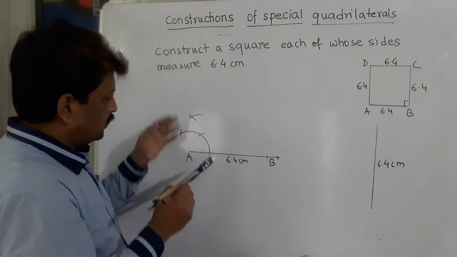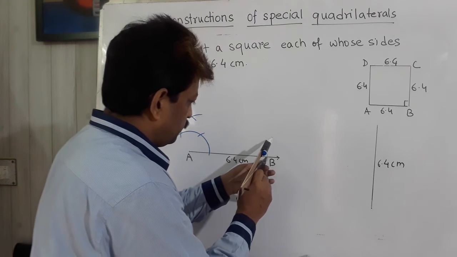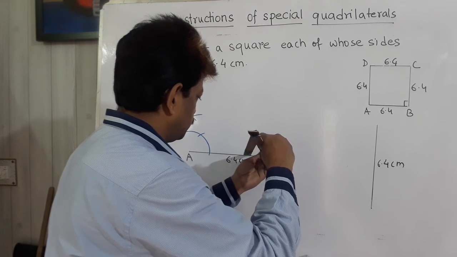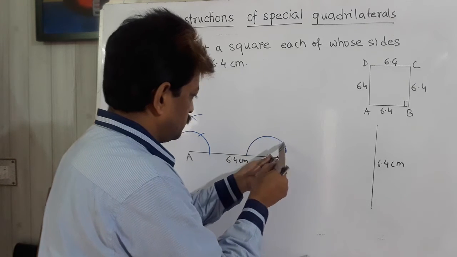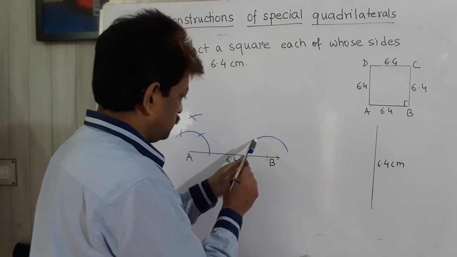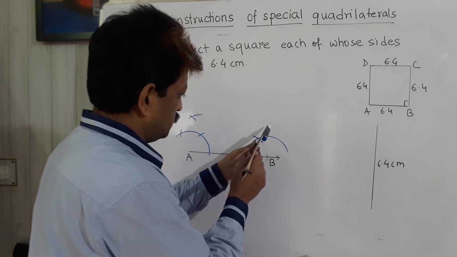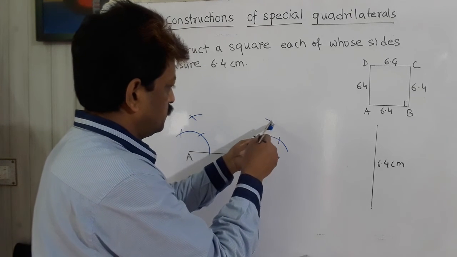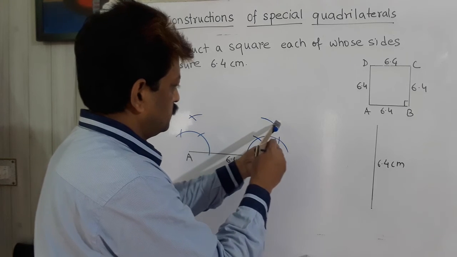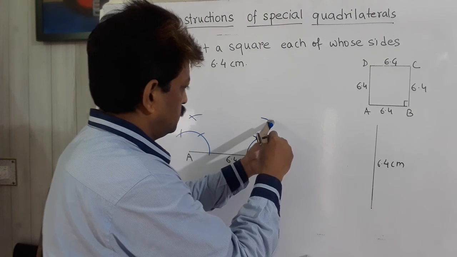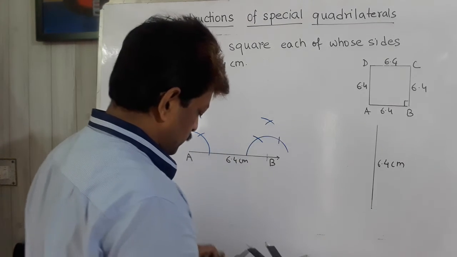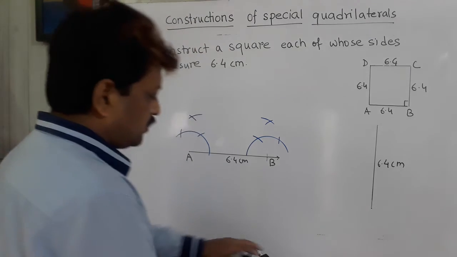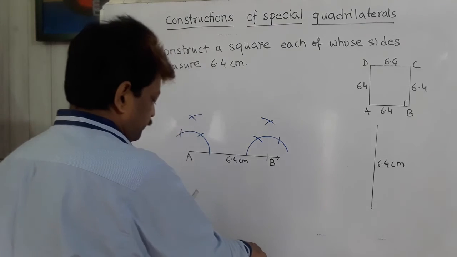So this is 90 degree here. Similarly, at B also I have to draw 90 degree. Therefore, 90 degrees are drawn both at A and B.